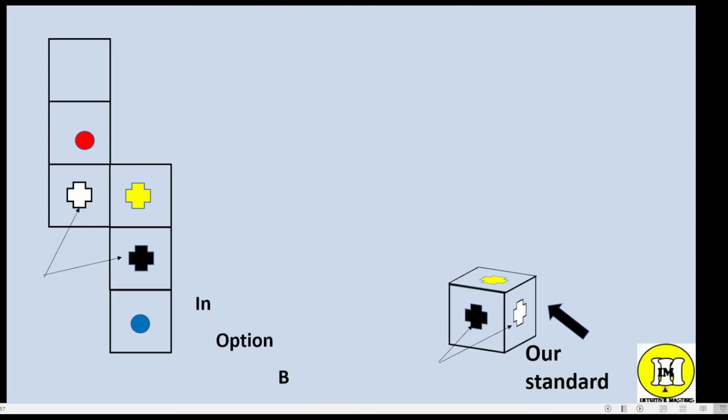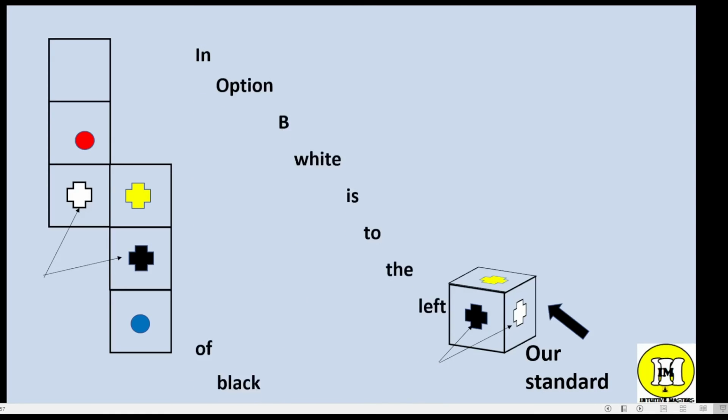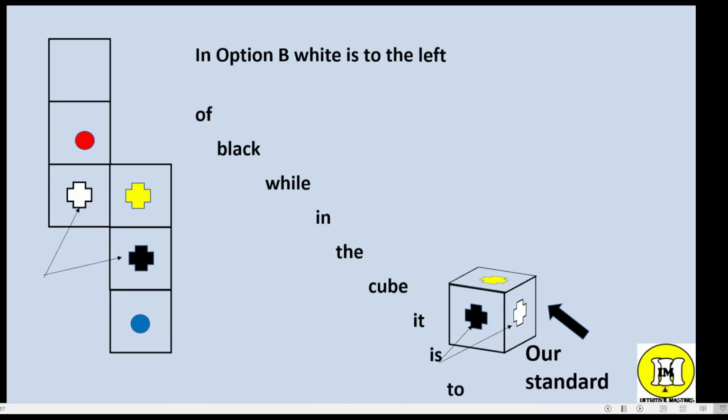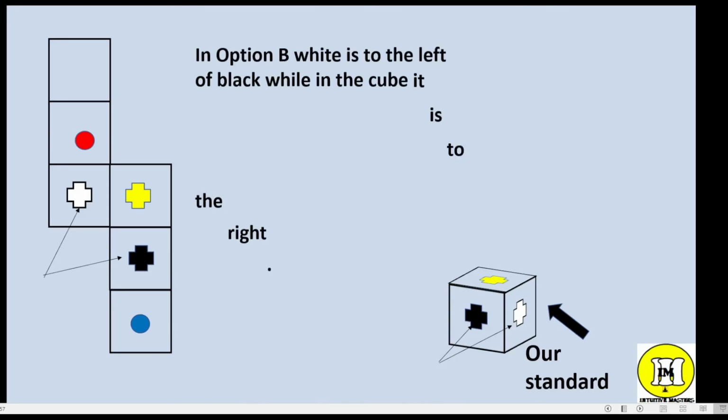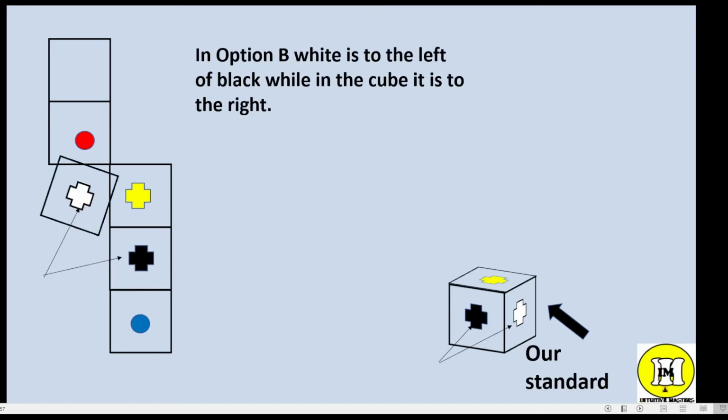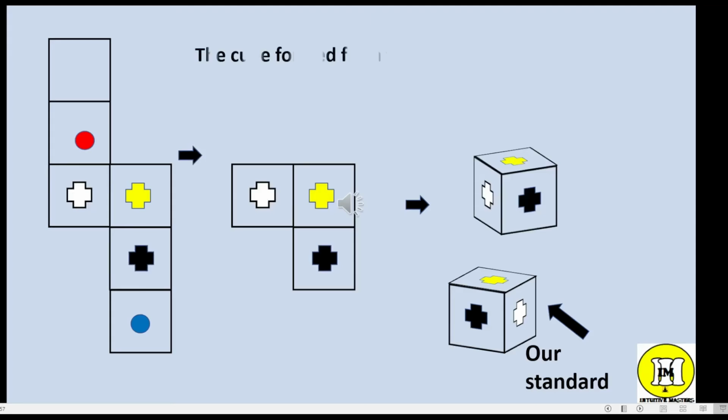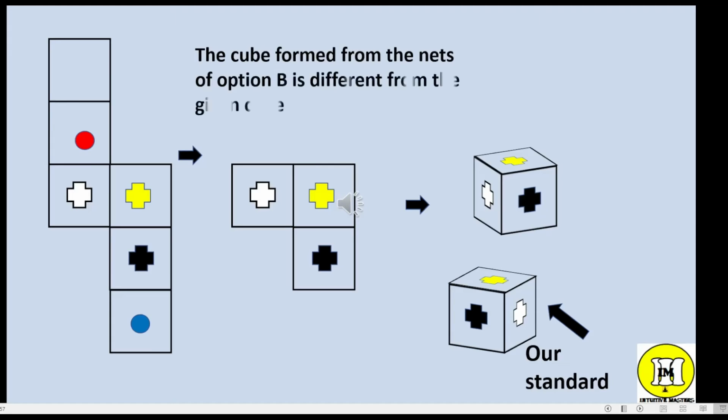In option B, white is to the left of black while in the cube it is to the right. When the net of option B is folded we get a cube, as shown, that is different from the given cube.